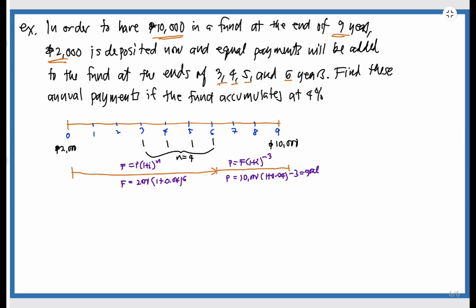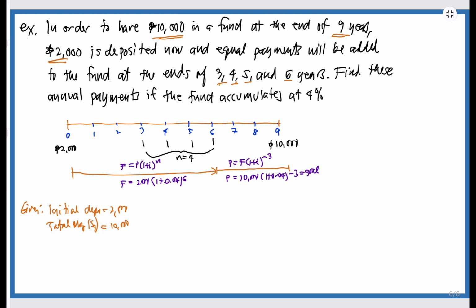So in other words, first let's list down all the given. Given: initial deposit 2,000. What about 10,000? 10,000 is the total money, which is S at the end of 9 years, right? So this is S9.